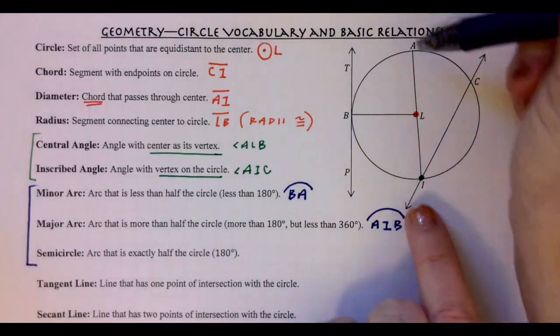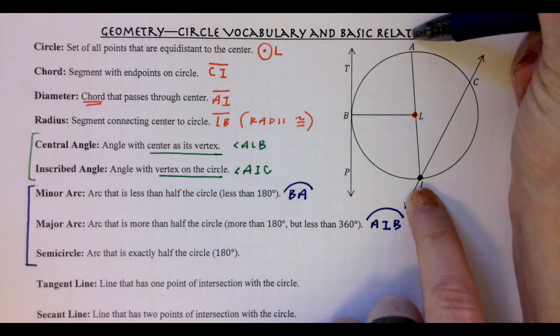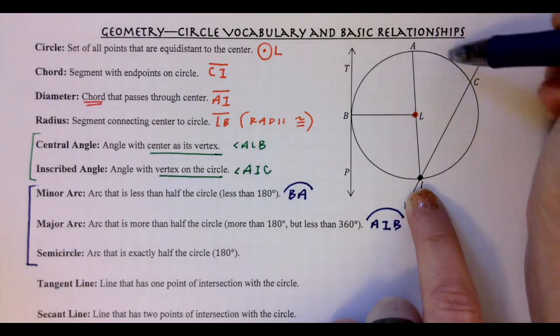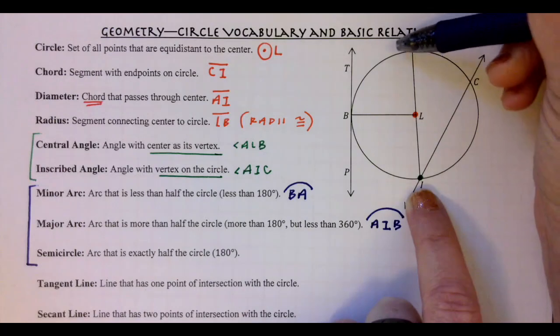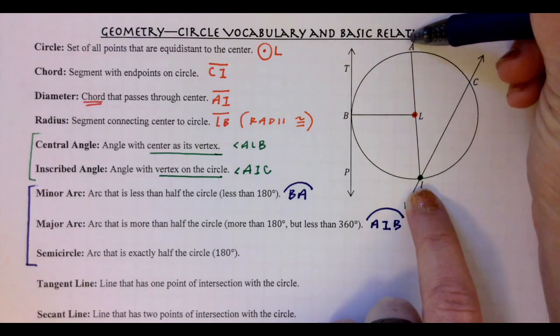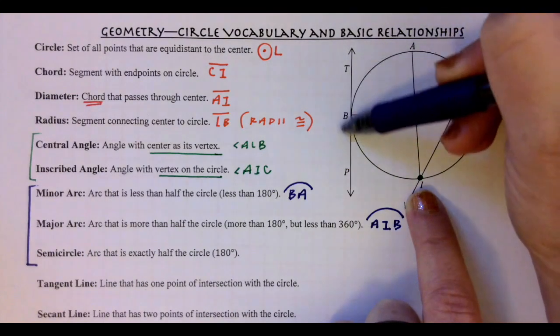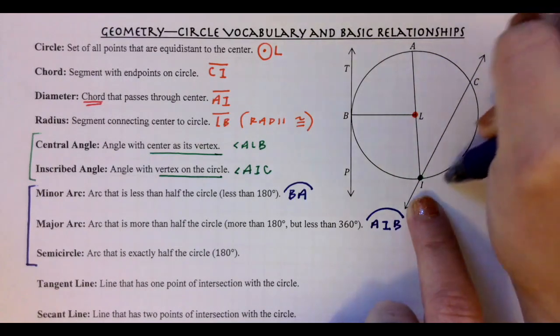So here, if I look at this diameter right here, again, if I said arc AI, which arc are we talking about? Are we talking about this arc from A to I, or this arc here from A to I? So to be super clear, we need to make sure that we use a letter in between, a point that falls in between. So if I want this arc over here, I could say ABI, or this one here, I could say ACI.